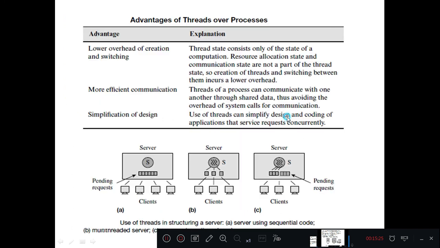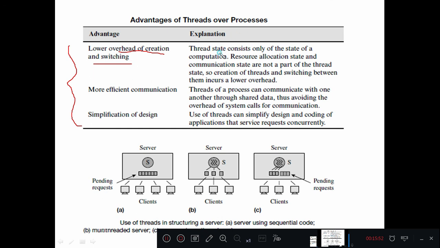So moving to the next slide, we are going to see the advantages of threads over processes. In this table you can see there are three advantages of threads over process. The first advantage is the lower overhead of creation and switching, right? Creation of a thread as well as switching between the threads takes very little overhead.